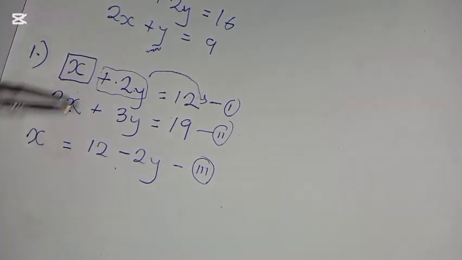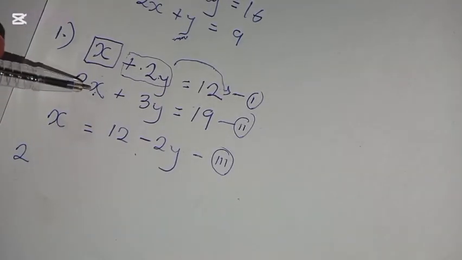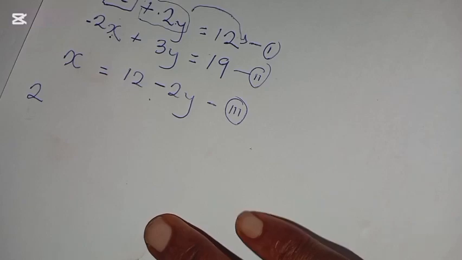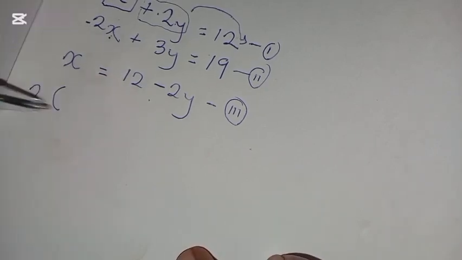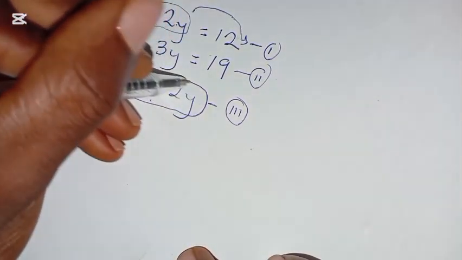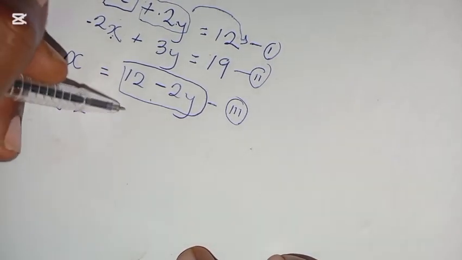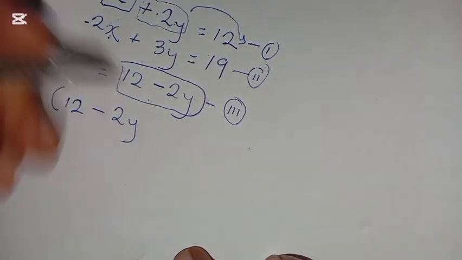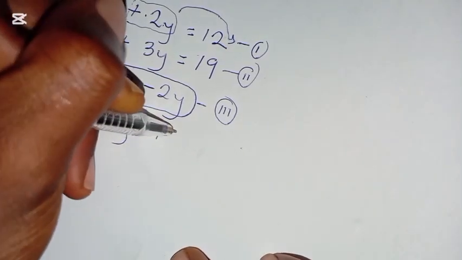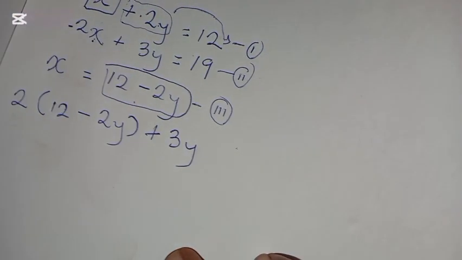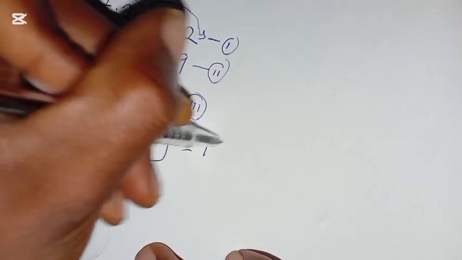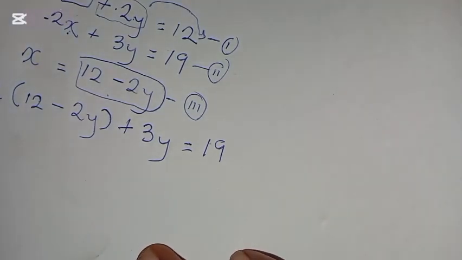So what you're going to do now is, in equation 2, instead of putting x here, you put brackets, whatever x is equal to, which is 12 minus 2y, plus 3y equals 19. So you get the point now.